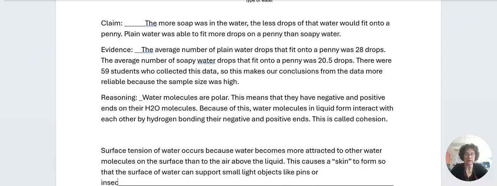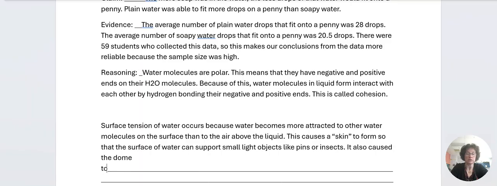Insects, right, can do it. It also caused the dome to form on the penny when we dropped clean water onto the penny.